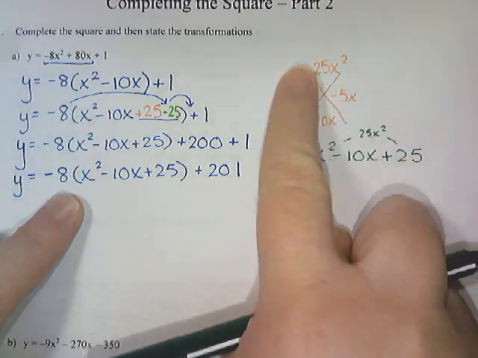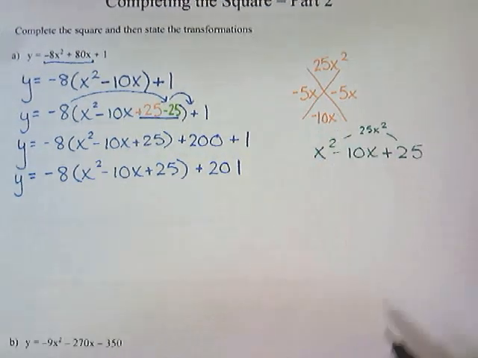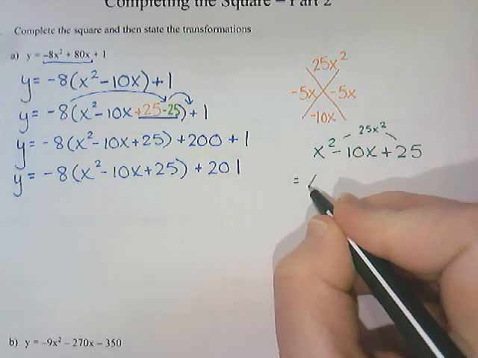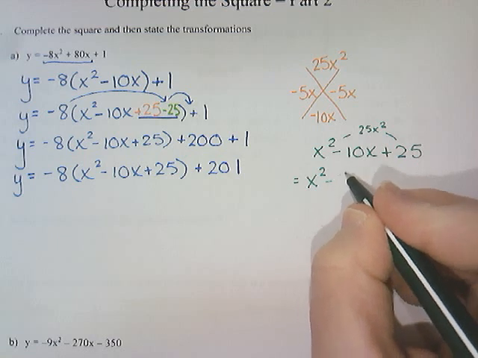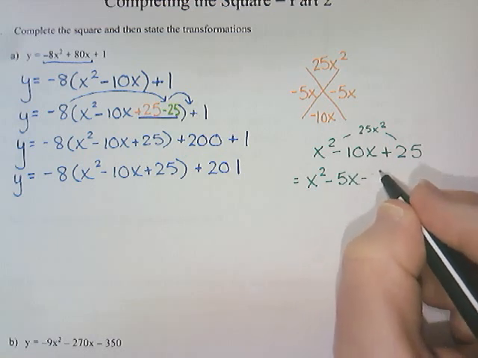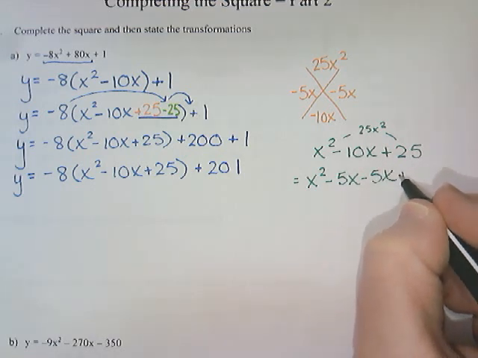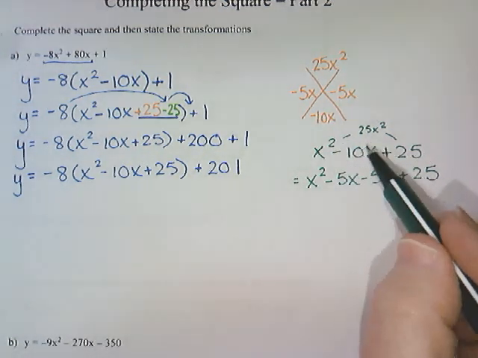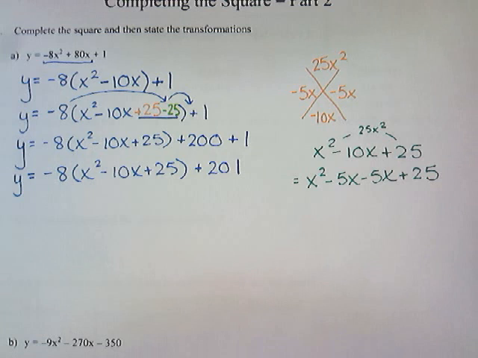The handy thing is we've already figured all of that out. So I know that it's going to be negative 5x and negative 5x. So this is x squared minus 5x minus 5x plus 25. We just replaced the negative 10x with two negative 5s.